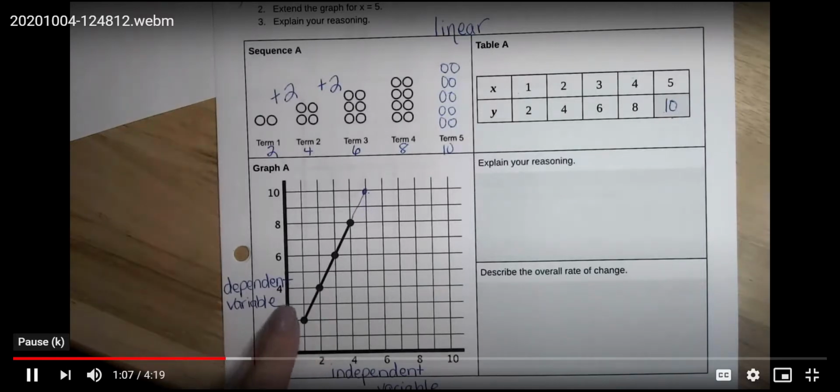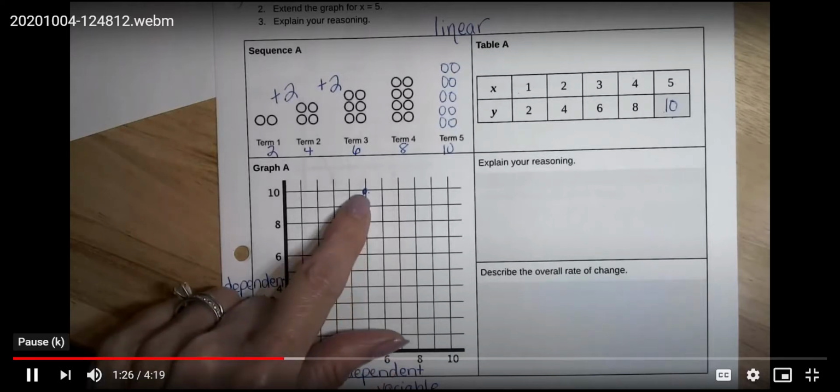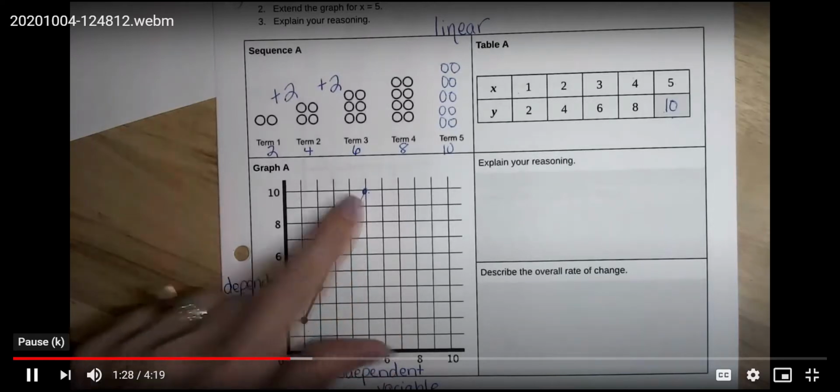It goes from 2, 3, 4, so every circle plotted or every dot plotted on this graph goes up by 2. Every time the term goes over 1, it goes up by 2. Over one term, up by 2 more circles. So if I want to, I can then record at 5, 10 circles, and I can continue my line.